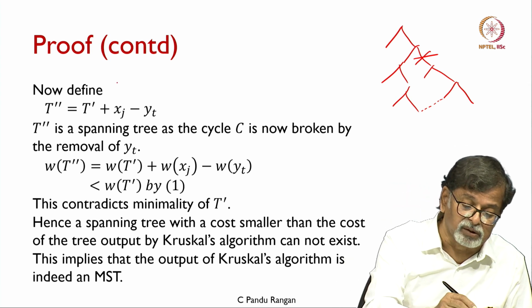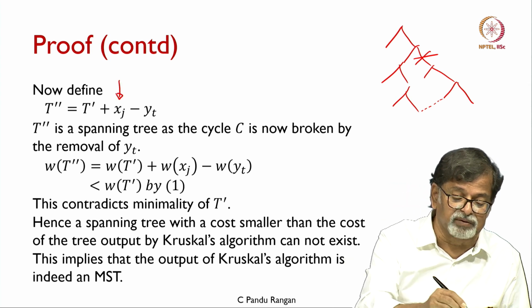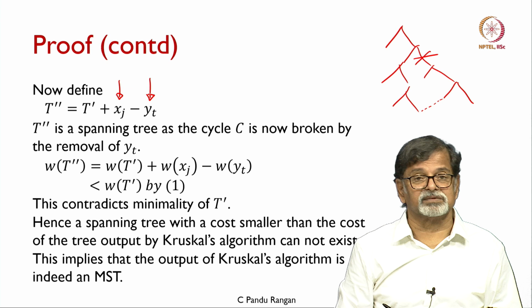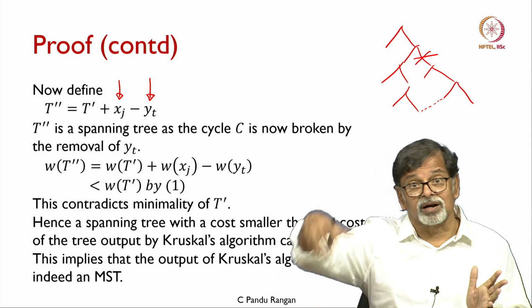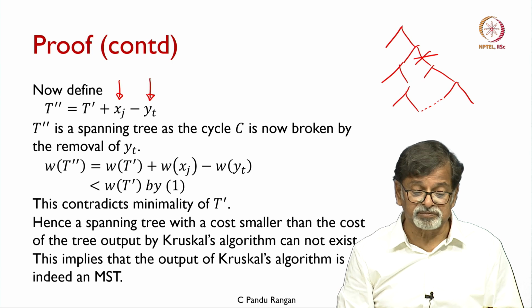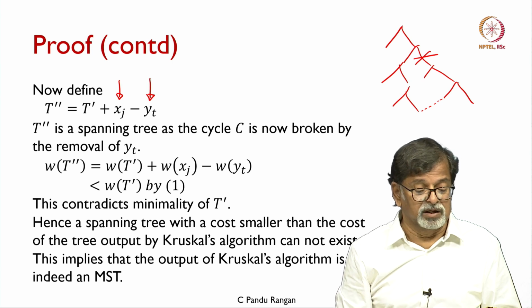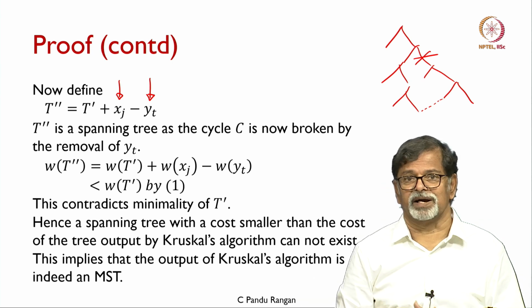So, I have included xj and I have removed yt, I have included one and removed one of the edges in that cycle. So, T double dash will be another spanning tree.